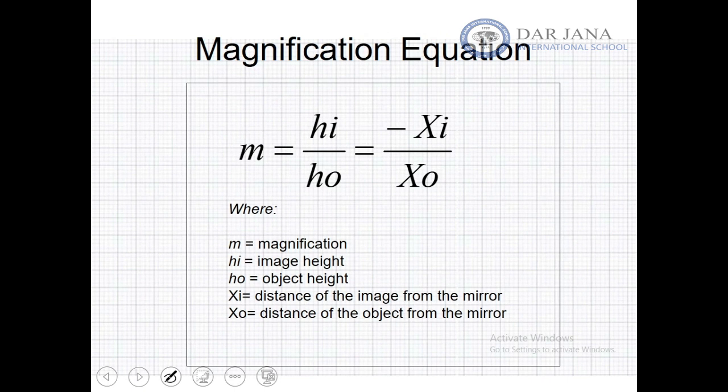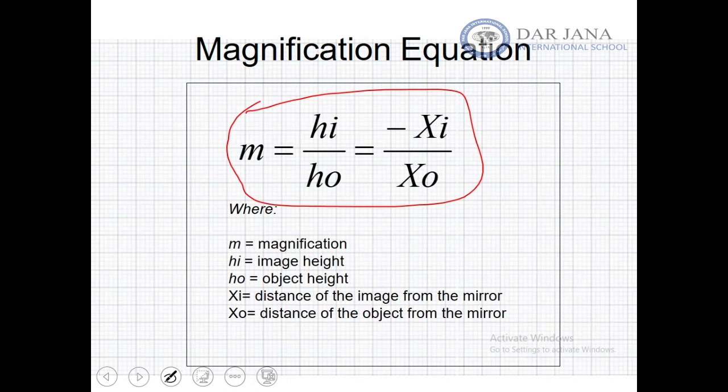And here we have another equation. This equation is related to the magnification. Magnification is simply a constant that allows us to know if the image is magnified or minimized, that is, enlarged or reduced.